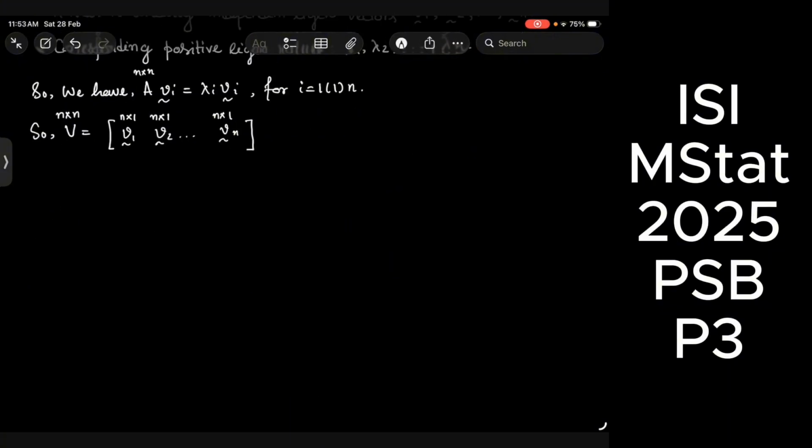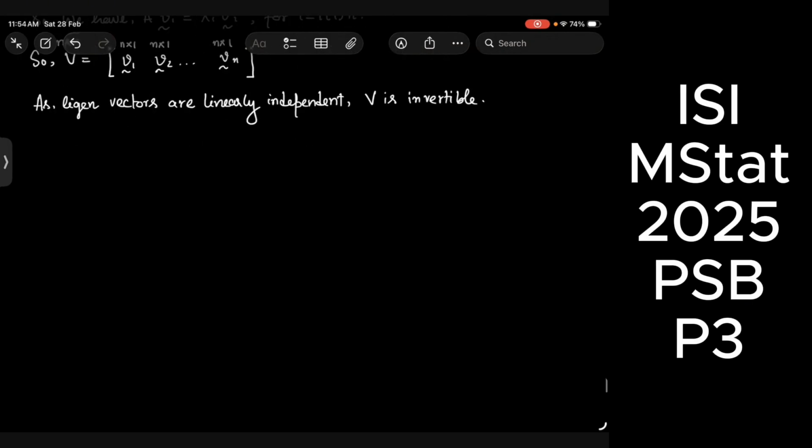So V is invertible, correct? So V inverse exists, right?